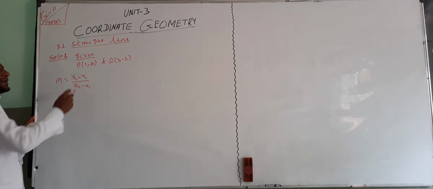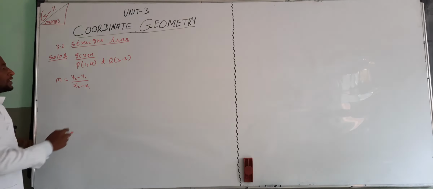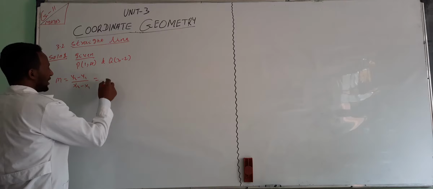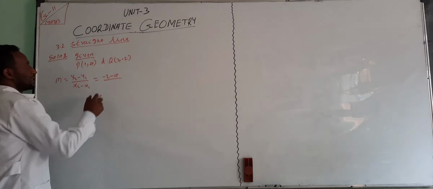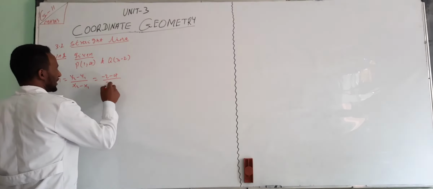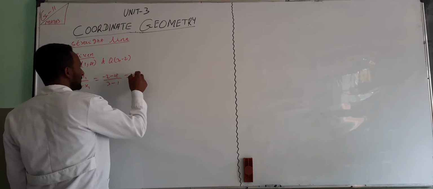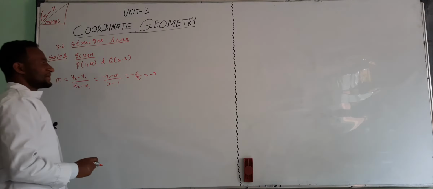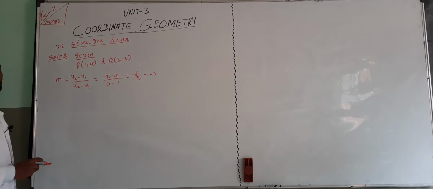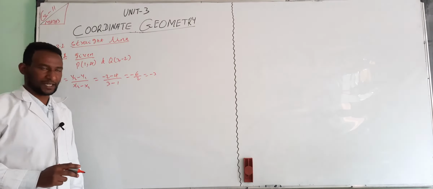When we take P as point 1 and Q as point 2, then this equals -2 minus 4 over 3 minus 1, which is equal to -6 over 2, which is equal to -3, the slope of the line that passes through P and Q.